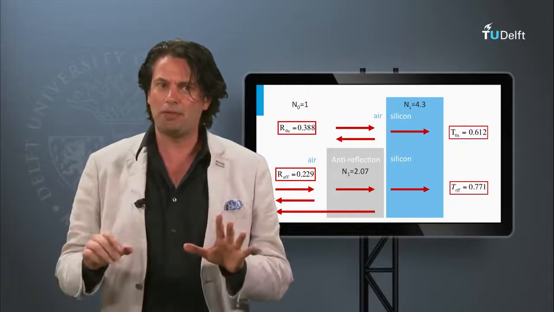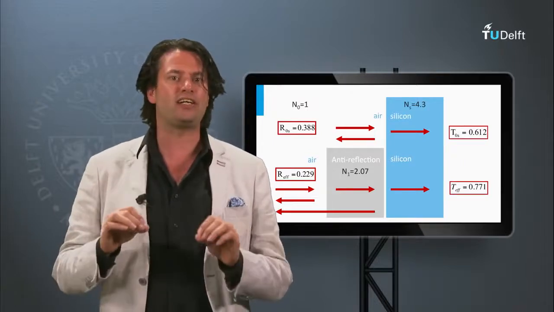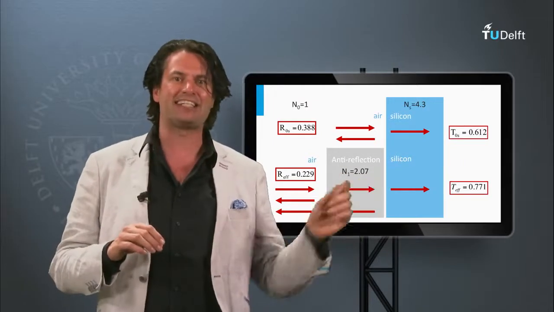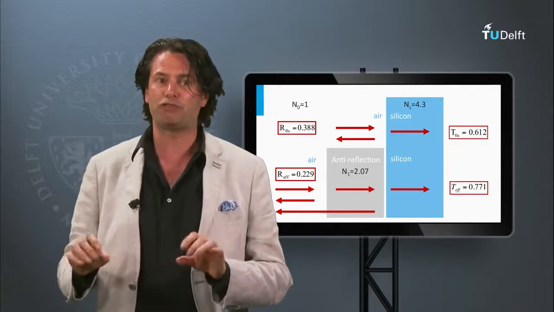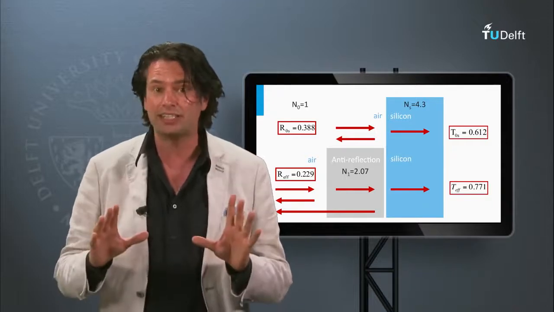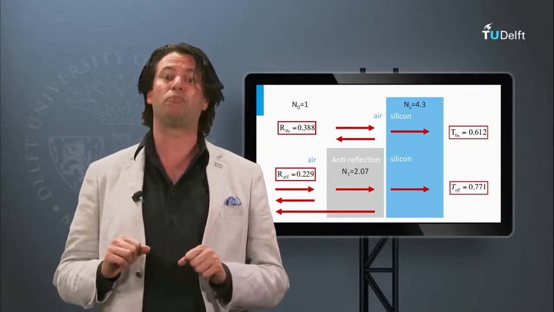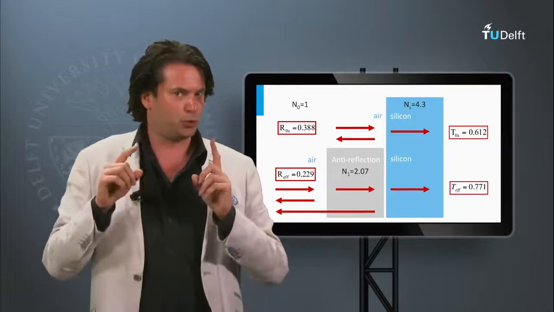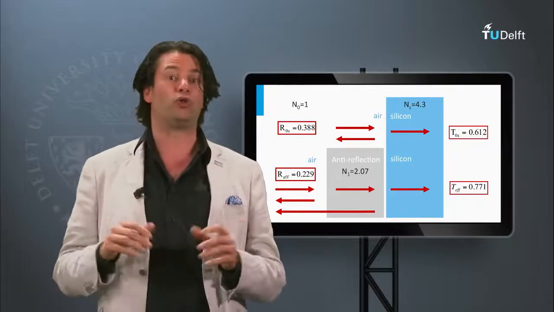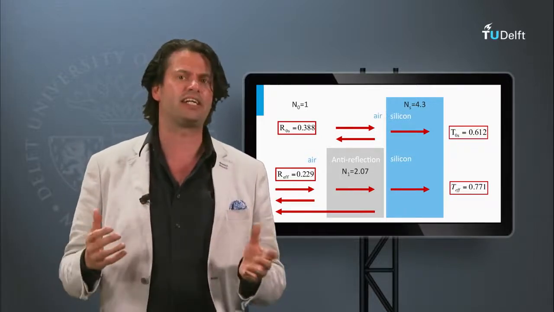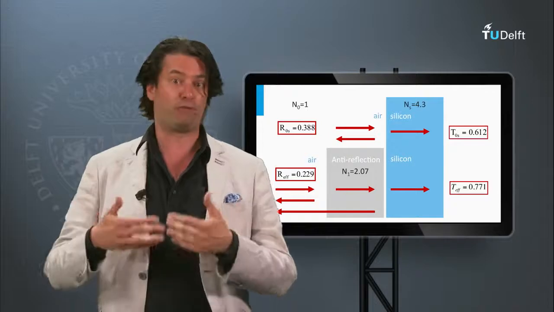In this example, by inclusion of a single interlayer, the reflection at the interface can be reduced from 38.8% down to 22.9%. Using more than one interlayer, also called refractive index grading, this reflection can be further reduced.